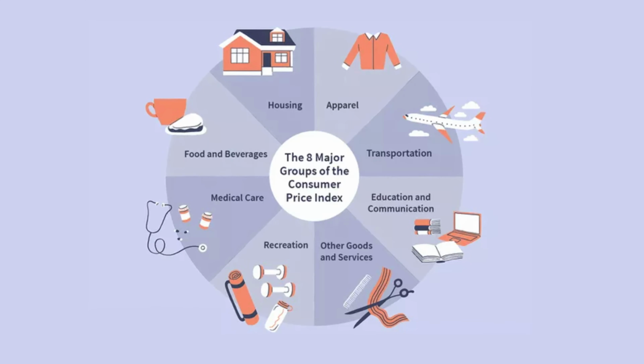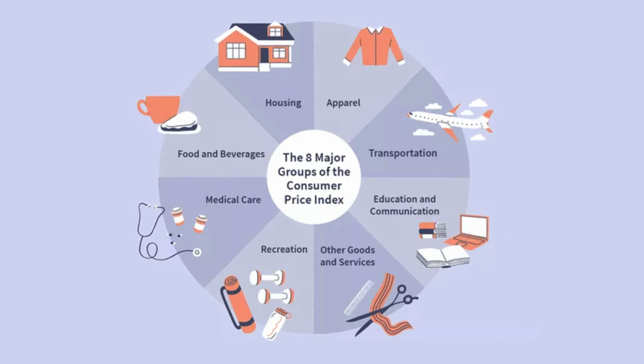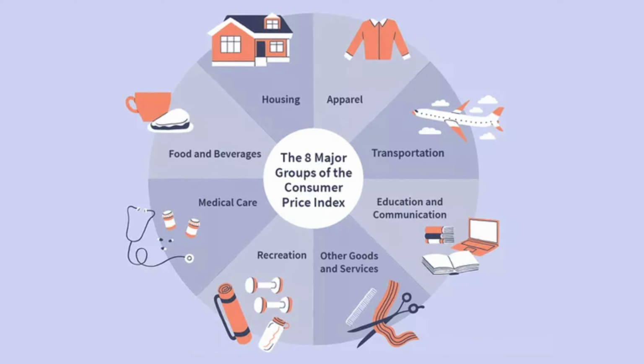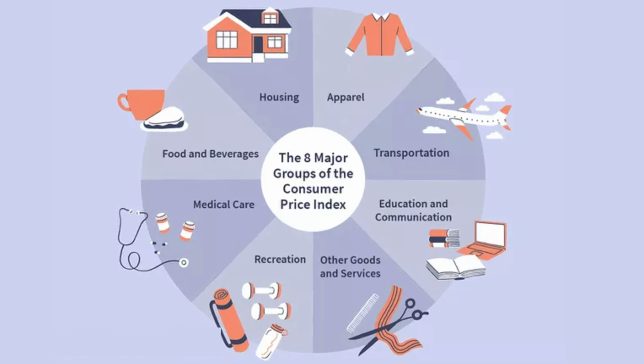The basket of goods they use to gauge the rate of inflation are intended to mimic the things a typical person would buy, such as food, clothing, transportation, recreation, medical care, and education. They look at what the basket costs this month compared to what it cost last month and work out the difference. And that gives an idea of how quickly the prices of things are increasing or inflating.